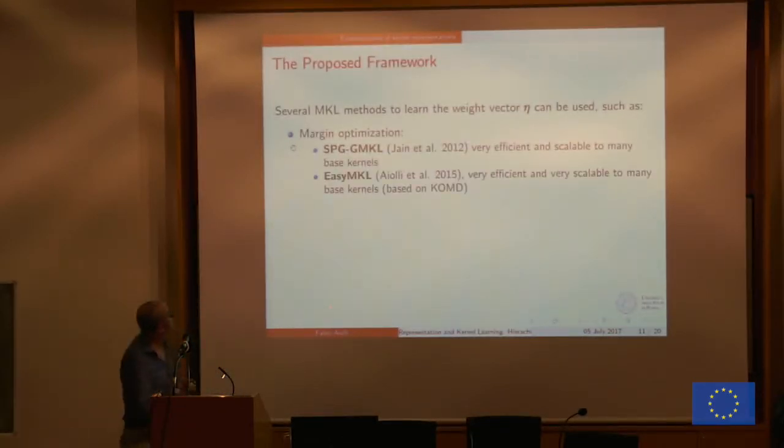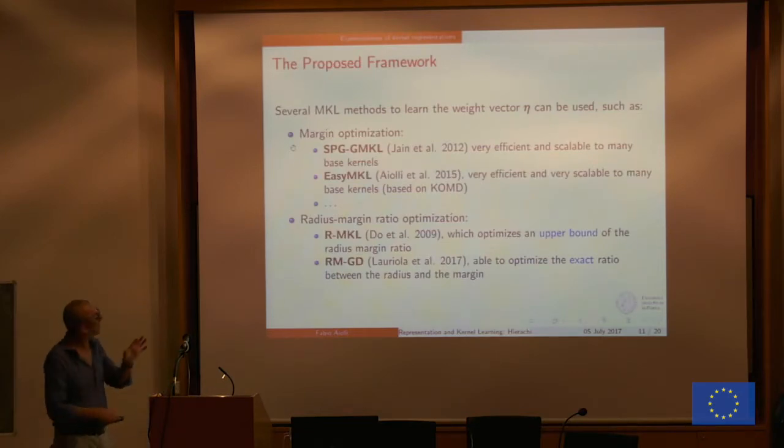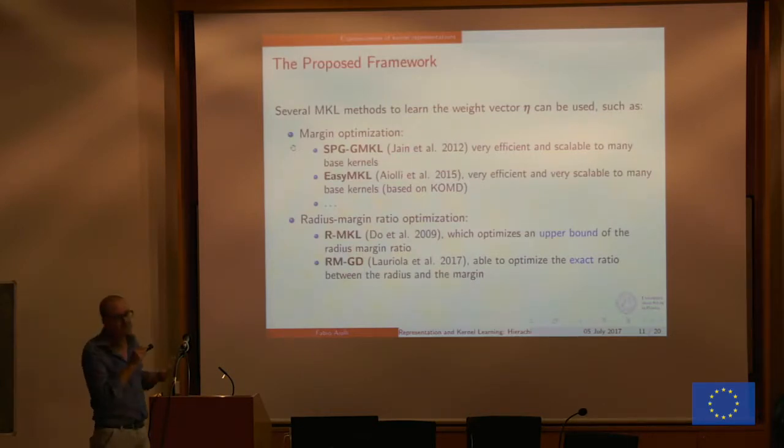So there are many different algorithms, and they can basically be divided in two families. The first family is the margin optimization family. In this case, you have algorithms that optimize the margin that you obtain for your SVM.